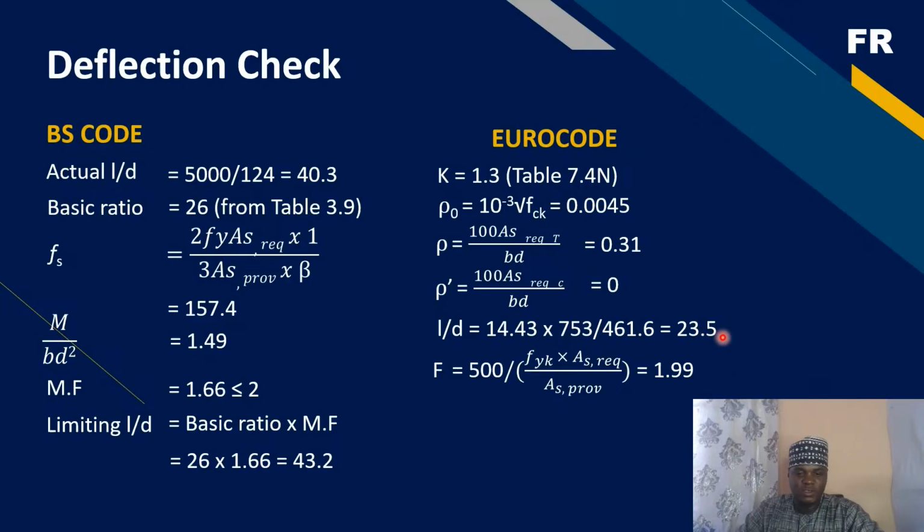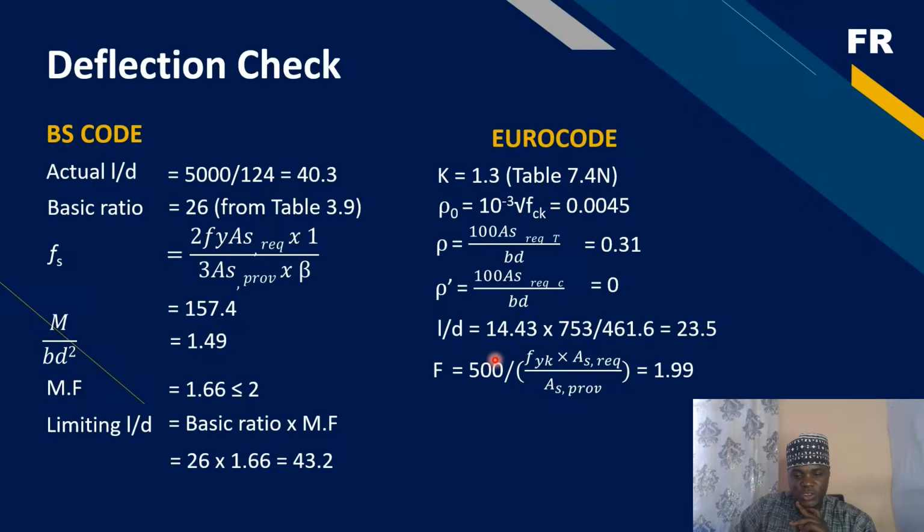Then another factor which you need to use to multiply this basic ratio is what we call the reinforcement factor. Because the formula that you use to calculate the limiting ratio is based on fy of 500. So if you have an fy that is less than 500, the code recommends that you use this formula.